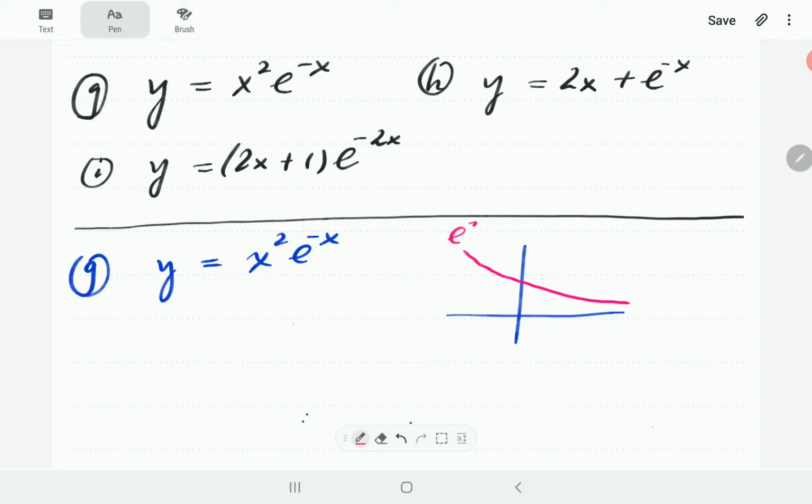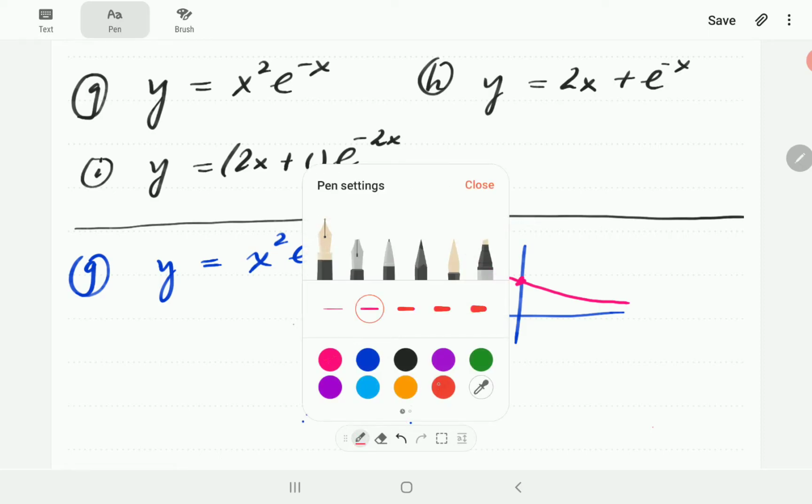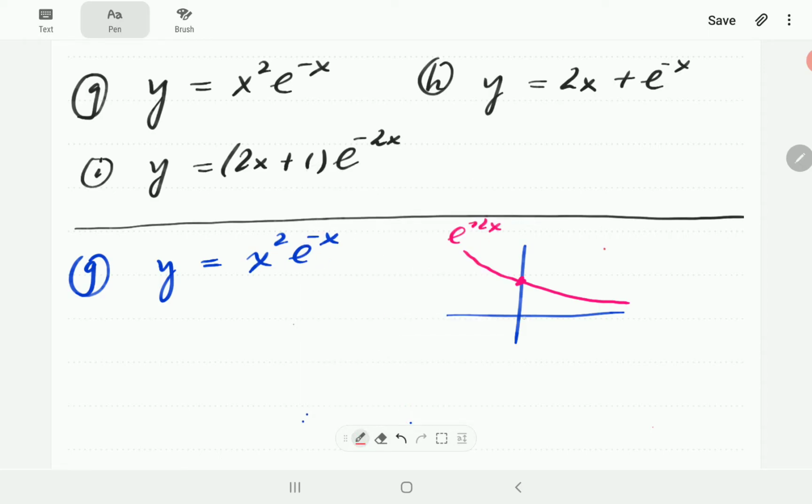First, we have e to the minus x, which we know looks like that. The y-intercept is (0, 1). And then we have x squared, which again we know looks something like that, and we're multiplying these two.